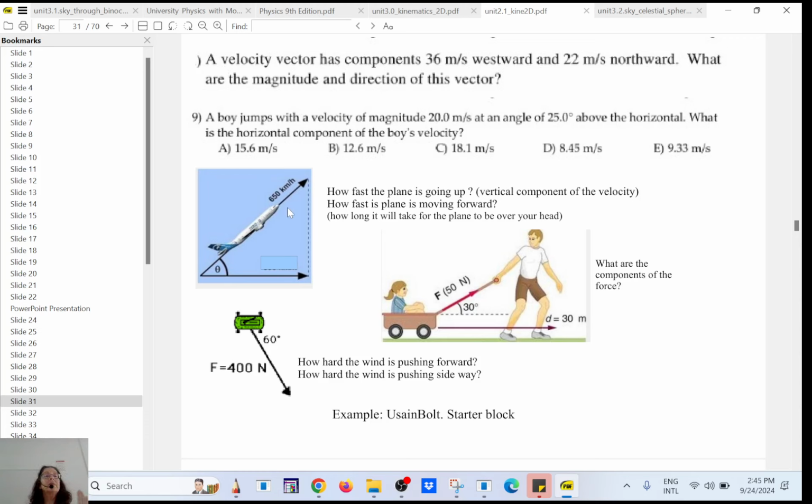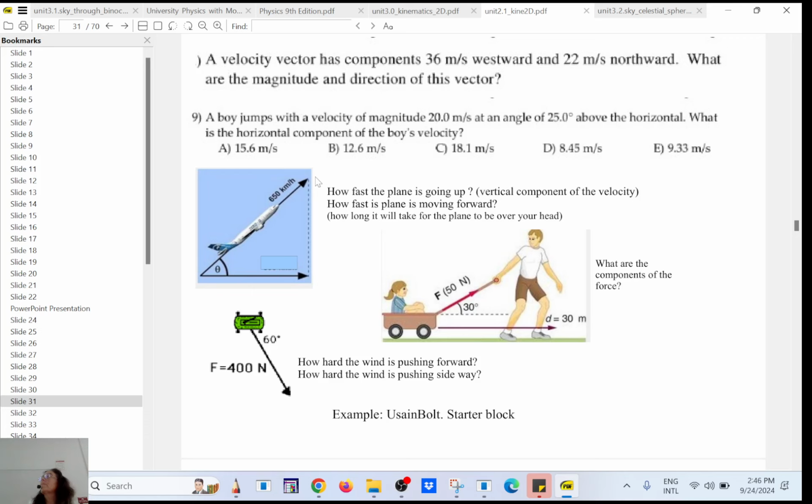So it's doing two things at the same time. It's moving forward and up. You can totally decompose that motion into two components because it makes it easier to compute, for example, the x displacement, the y displacement, or the height.